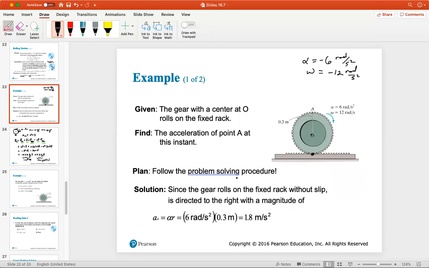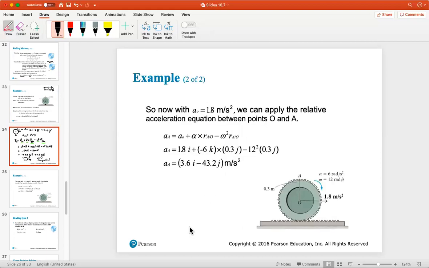All right, so they're using that formula here to find the acceleration of the center of the wheel. And then based upon the motion of the center of the wheel, they're using the relative motion formula to figure out the other point, the point at the top of the wheel. So they have the center of the wheel here.